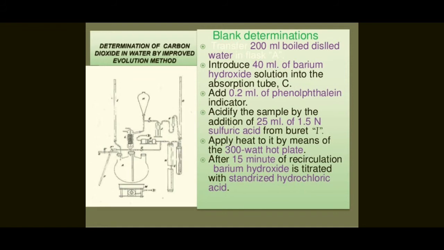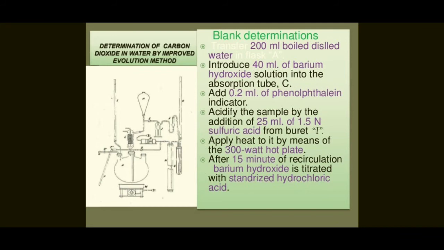Apply heat by means of a 300 watt hot plate, and after 15 minutes of recirculation, the barium hydroxide is titrated with standardized hydrochloric acid.